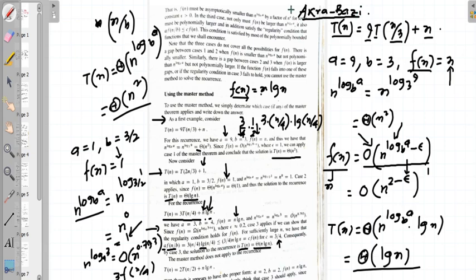If you are curious enough, you can go for this Akra-Bazzi method, and that is much more general. Those are the recurrences which we are not being able to solve using the master method. Many of those we can solve by the Akra-Bazzi method. Okay, we can have a try, right?